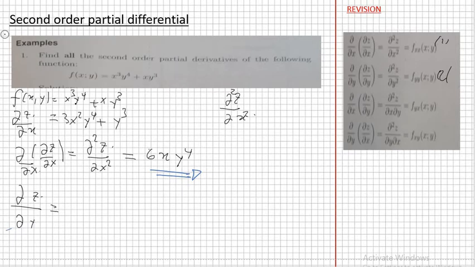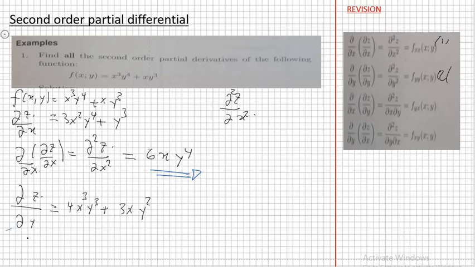So my first derivative with respect to y, while treating x as a constant, will be 4x cubed y to the power of 3, and then the second term will be 3x y to the power of 2.